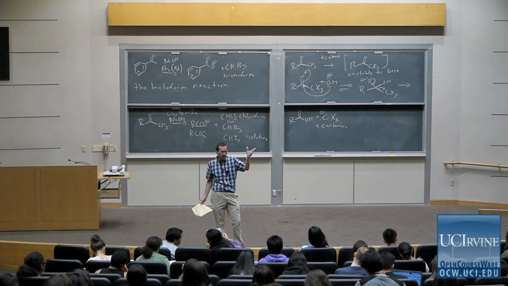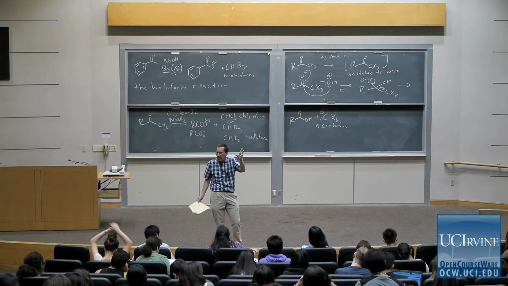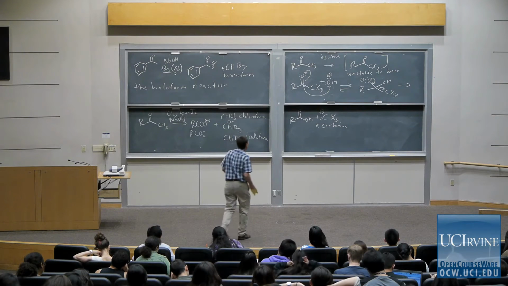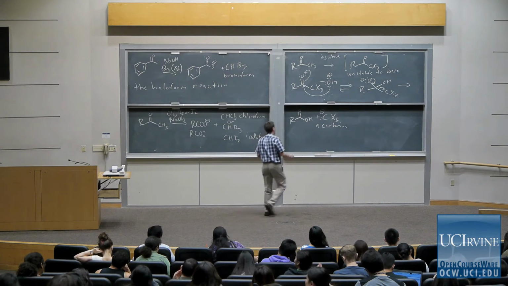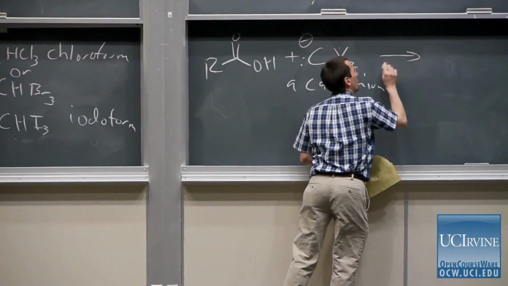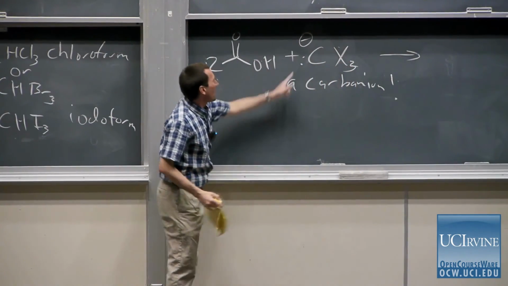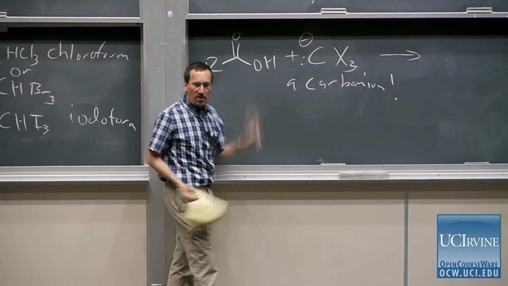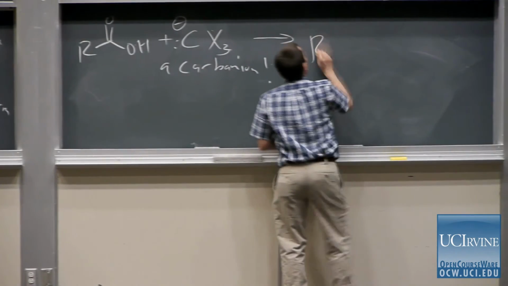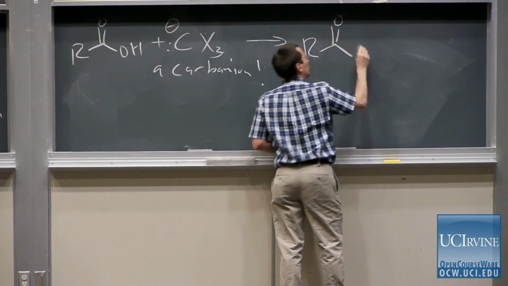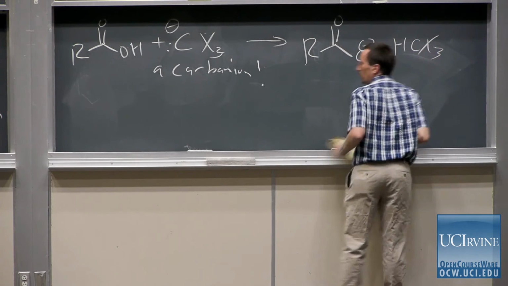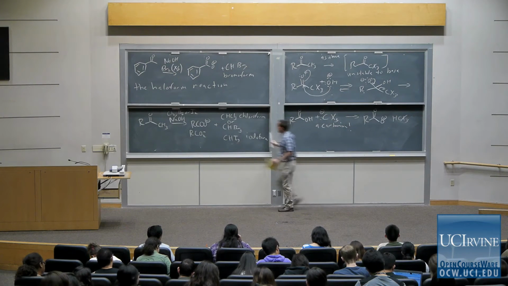An organolithium, like butyllithium, is like a butyl anion, but it's not really a butyl anion. But here we can kick out a carbanion. There's something special. So I'm going to write exclamation point just to bring home the point. And of course, the carbanion is still basic, so it can pick up a proton. The carboxylic acid's the most acidic thing around. And so we have the carboxylic acid plus our haloform.